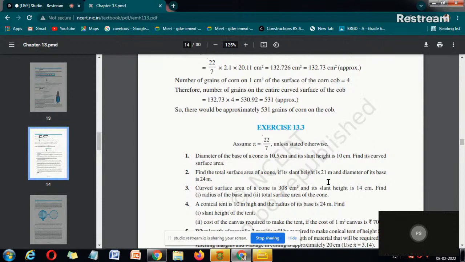Going with the second question. What is the second question asking? Total surface area. Total surface area pi r into r plus L. So pi is 22 by 7. R is 7.